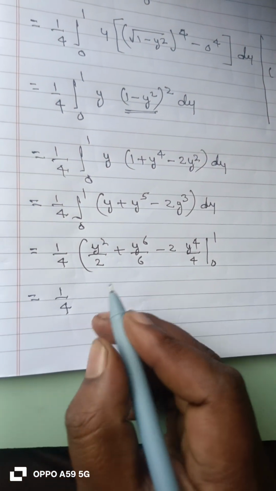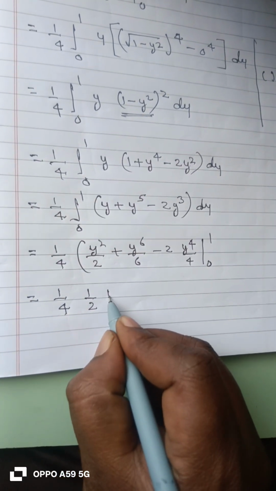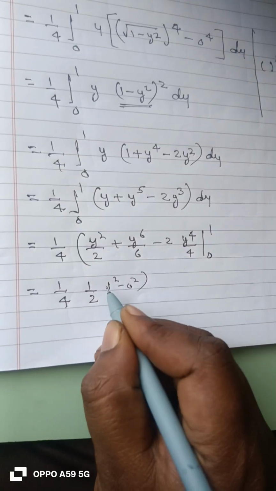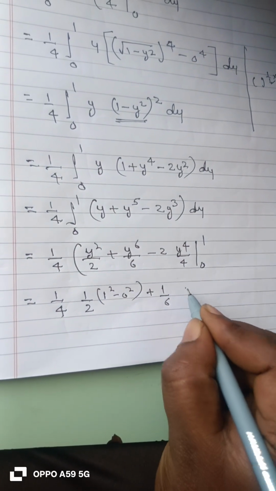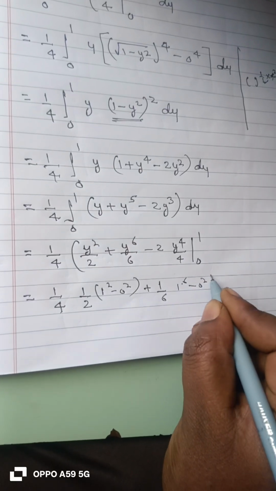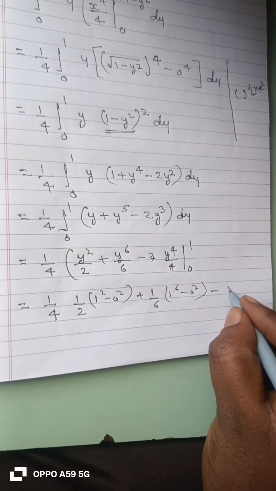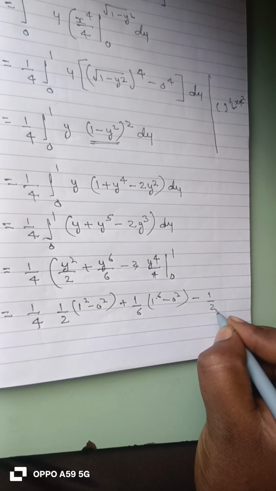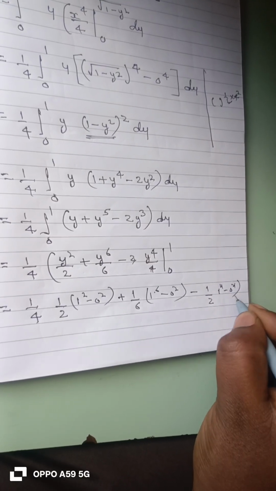This is 1 by 4, this is 1 by 2 times 1 square minus 0 square plus 1 by 6, 1 power 6 minus 0 square, minus 2 ones are 2, twos are, means 1 by 2, 1 to the power of 4 minus 0 to the power of 4.